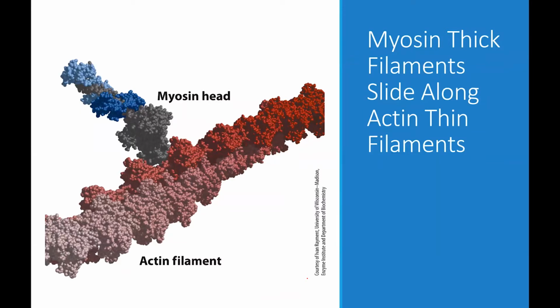The myosin and the actin act together to help in the stretching and movement of muscles. So myosin thick filaments, which we discussed, actually slide along the actin thin filaments.